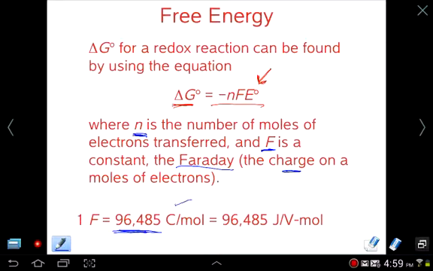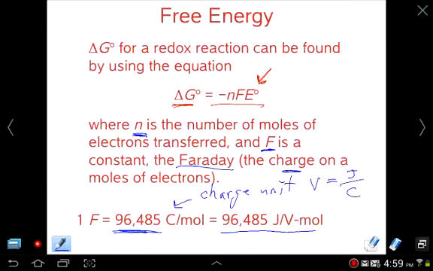Remember, coulomb is the unit of charge. And you can also say that this is 96,485 joules per volt mole, because recall that we said a volt is a joule per coulomb.